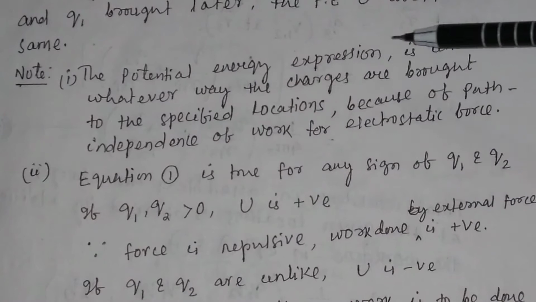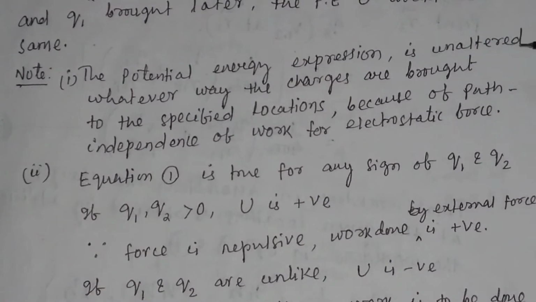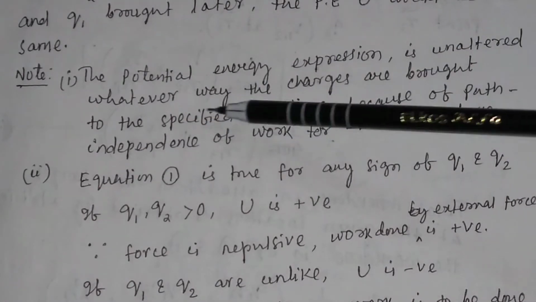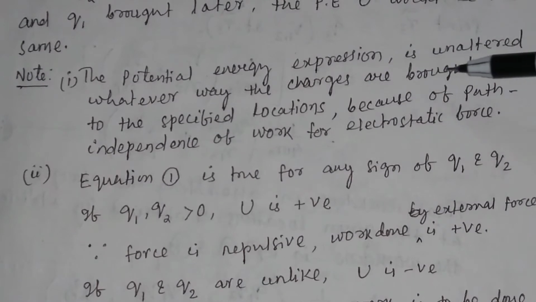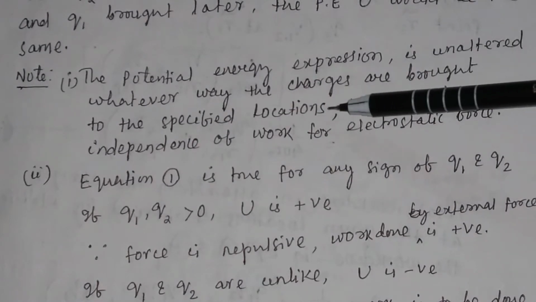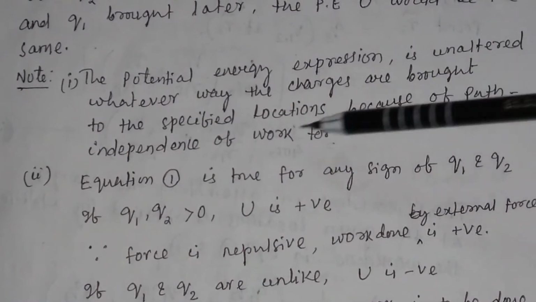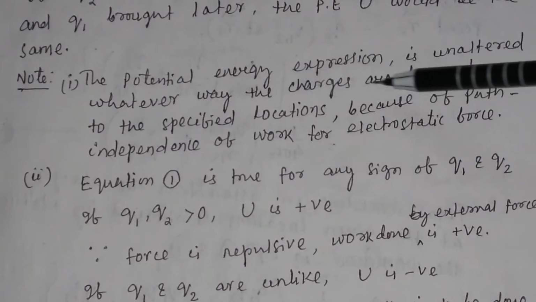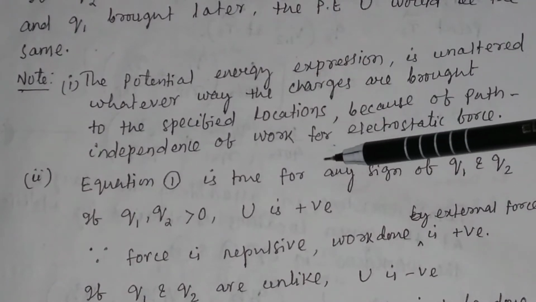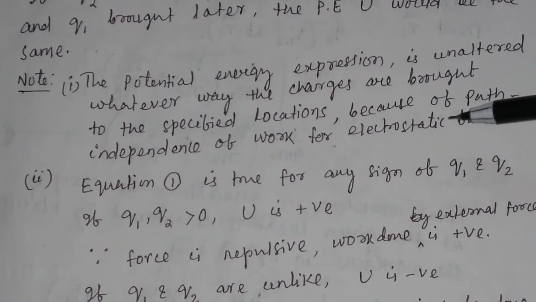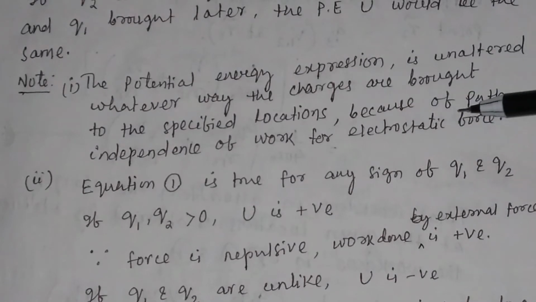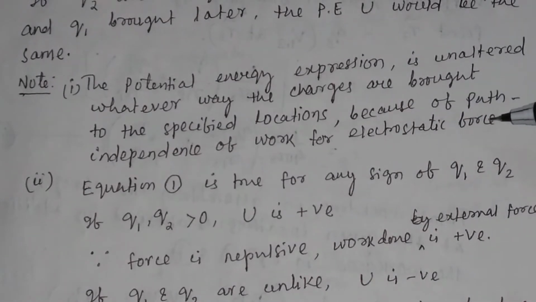The potential energy expression is unaltered whatever way the charges are brought to the specified locations, because the potential energy, or the work done, is independent of the path.